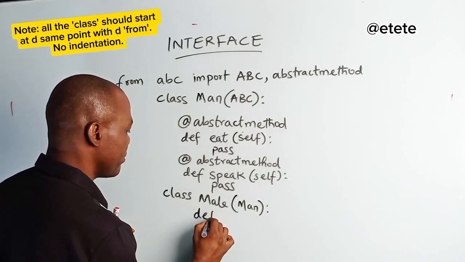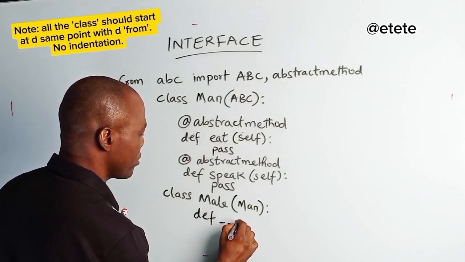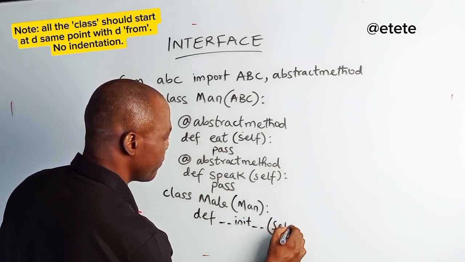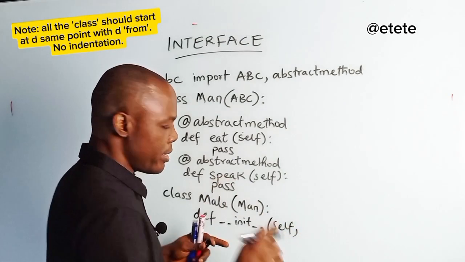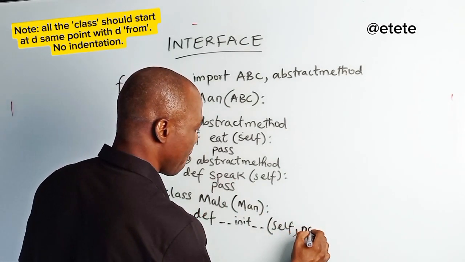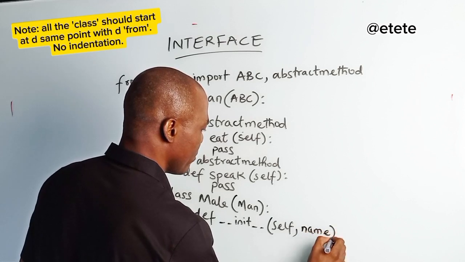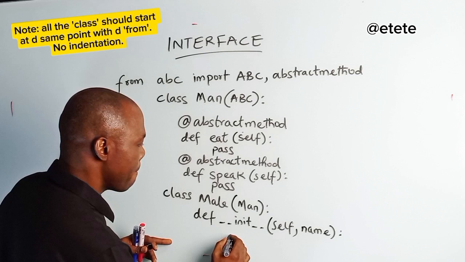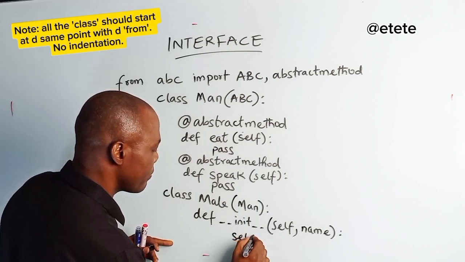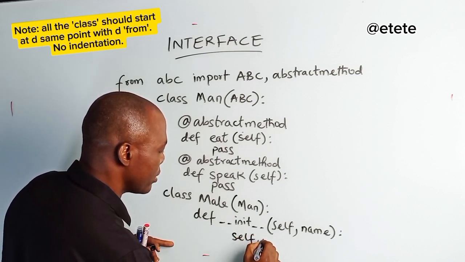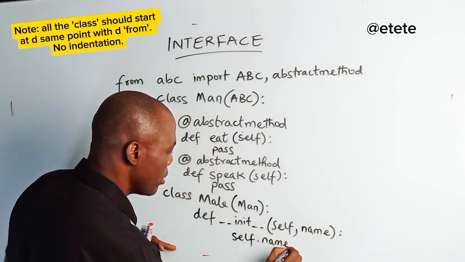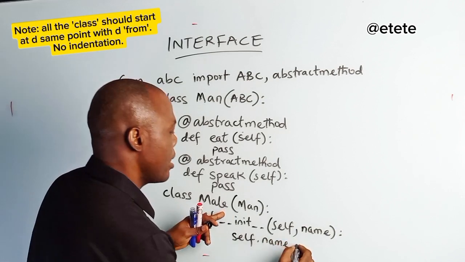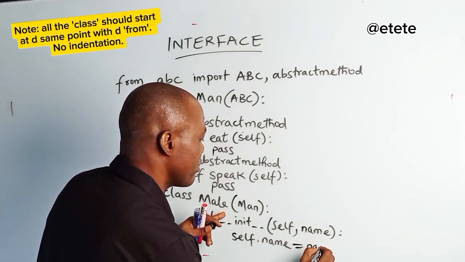I'll say define double underscore init double underscore self, and then I will expect a parameter name, right? Then I'll come in and I'll say self dot name, which is the attribute of the object that I will instantiate for this class. I'll assign name to it.